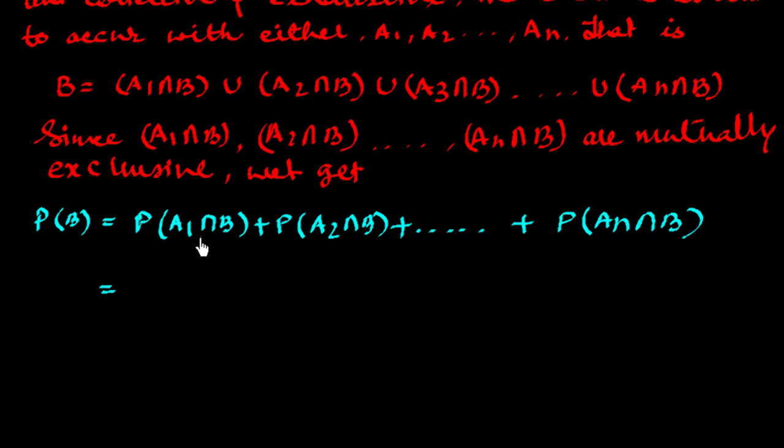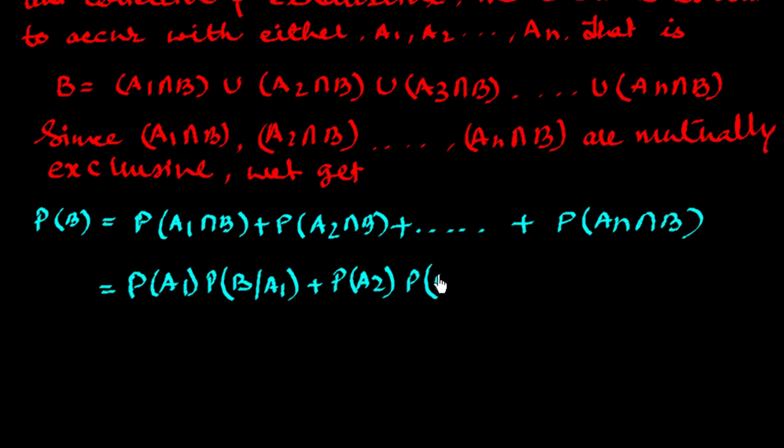because we know that P of A1 intersection B is equal to P of A1 into P of B given A1, plus P of A2 intersection B is equal, similarly, to P of A2 into P of B given A2, and so on up to P of An intersection B. We get here P of An into P of B given An.